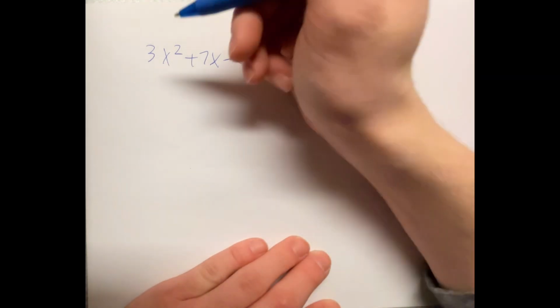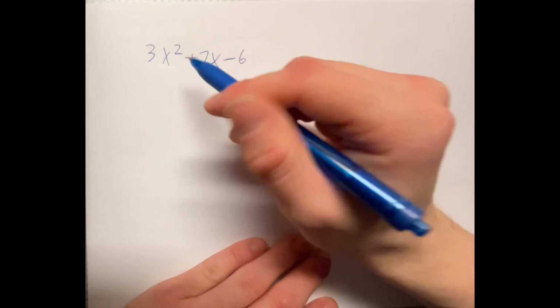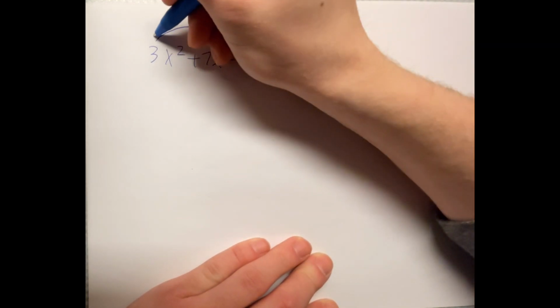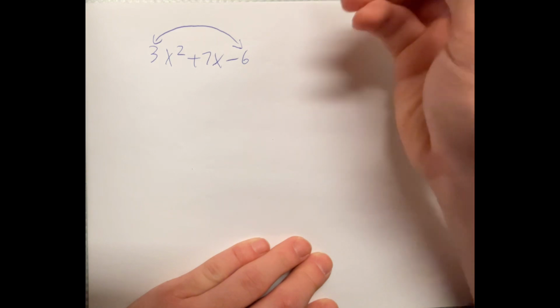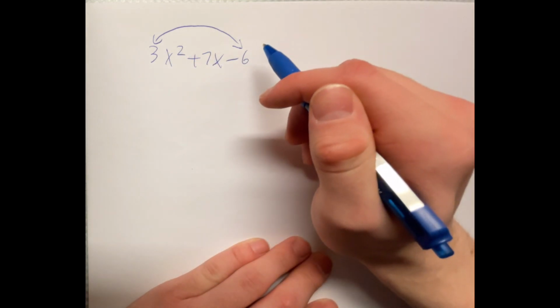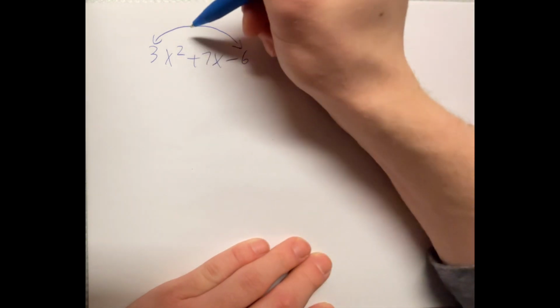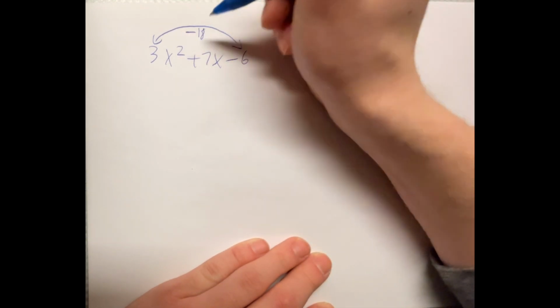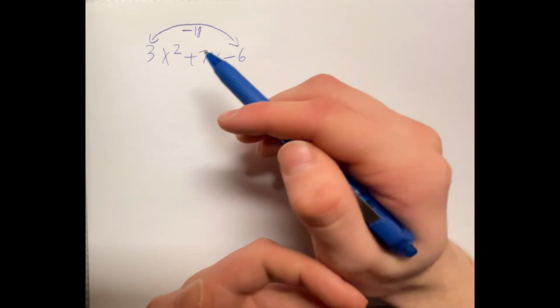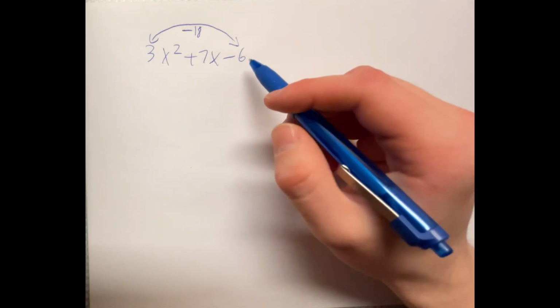Again, we multiply the x squared coefficient by the constant. We bring this over and make our little arch, and 3 times negative 6 would be negative 18. If you're having trouble with these multiplications, you can break it down into a factor tree.